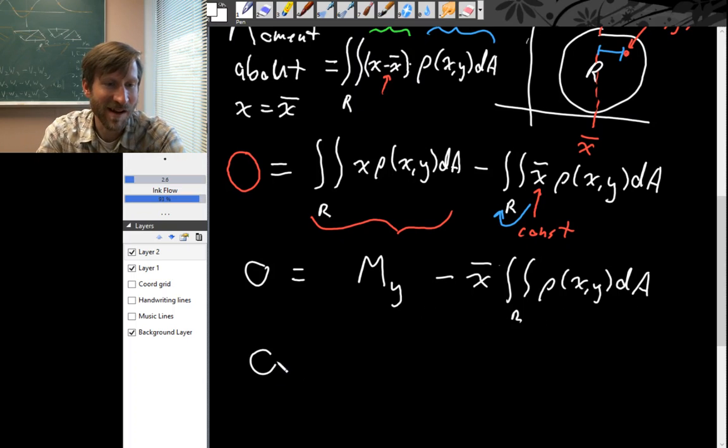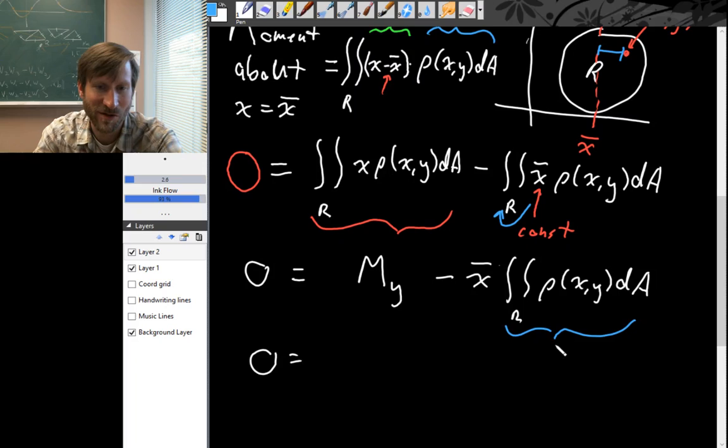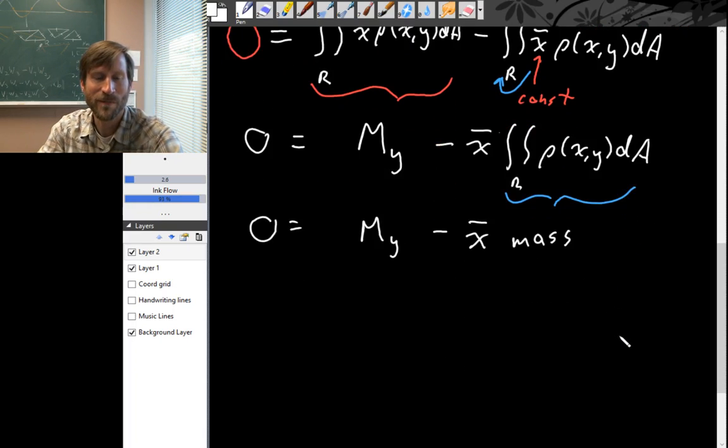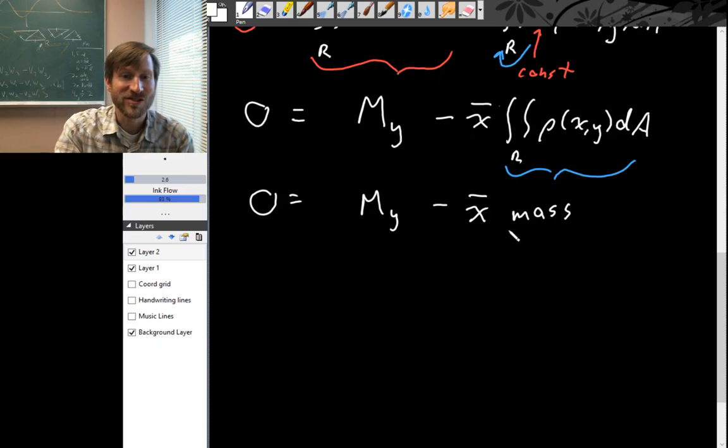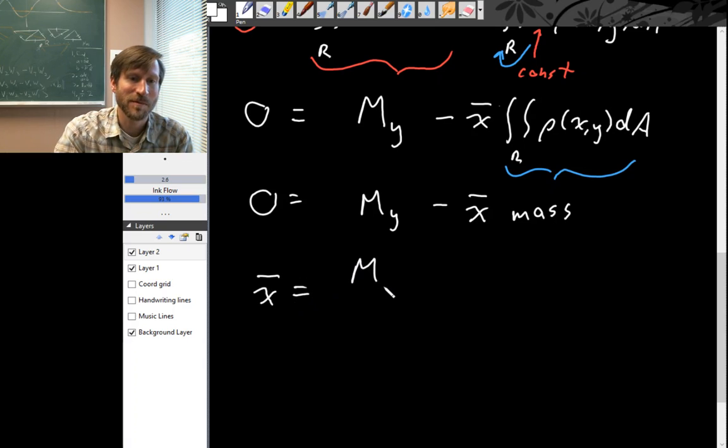But that we recognize too. This remaining double integral, that's just the mass of the entire region R. So now we have moment about the y-axis minus x bar times mass equals 0. And we can solve for x bar. So move x bar times mass to the left, divide both sides by mass, and you get x bar is the moment about the y-axis over the mass.